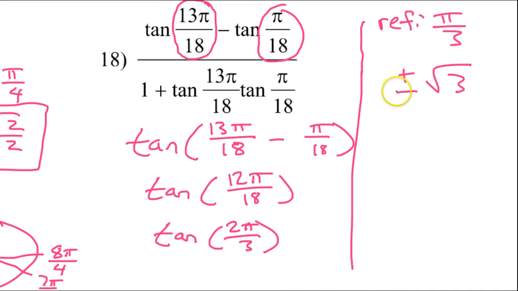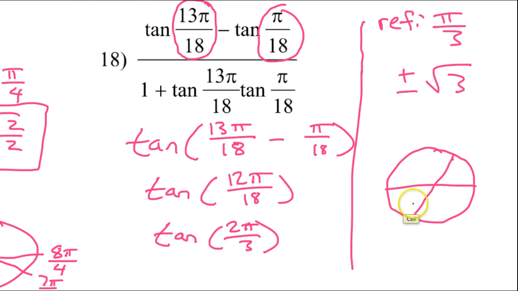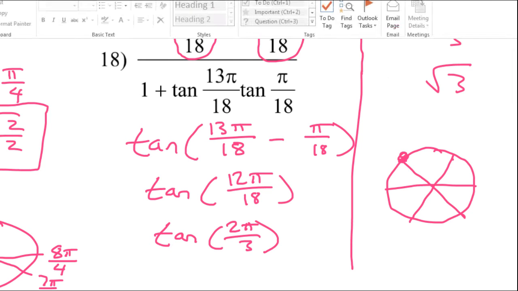It'll be one of those. And it depends on the quadrant. So just think about what quadrant 2 pi over 3 is going to be in. All right, 2 pi over 3 is right here. That's the second quadrant. Tangent is negative in the second quadrant. So that's why I'm going to put negative radical 3.